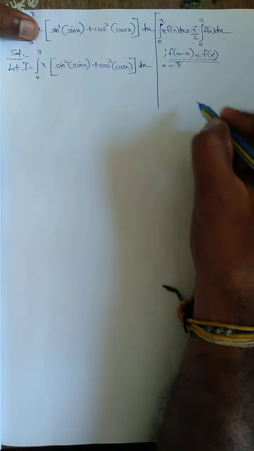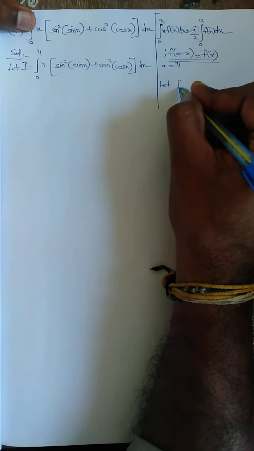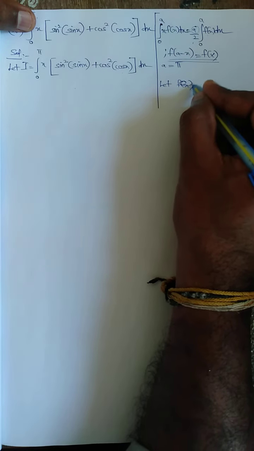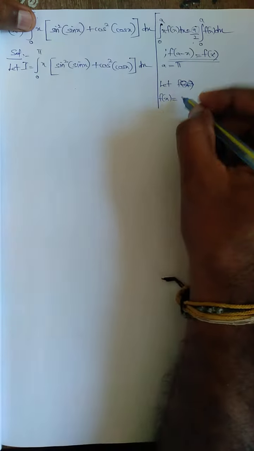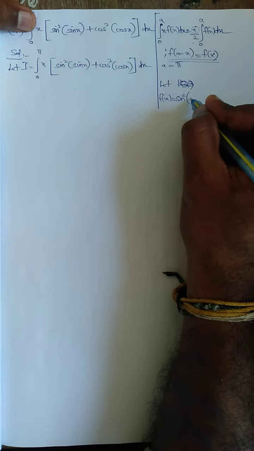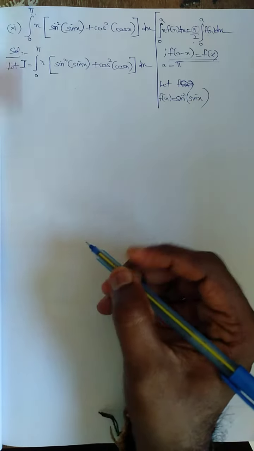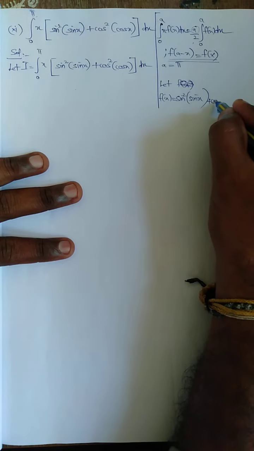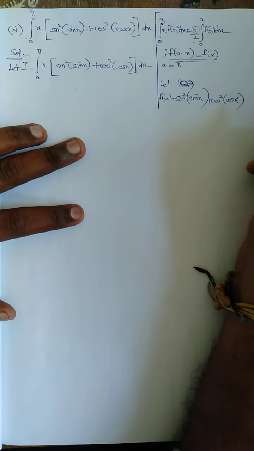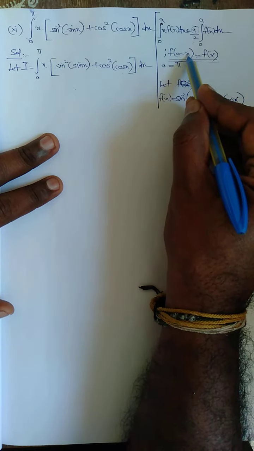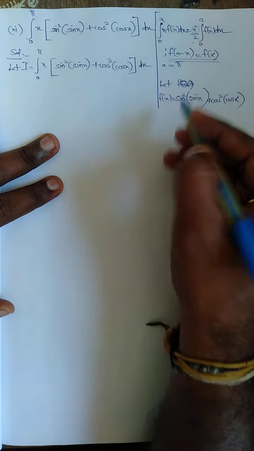So I will assume here also, let f of x be equal to sine square of sin x plus cos square of cos x. So here a minus x is pi minus x.